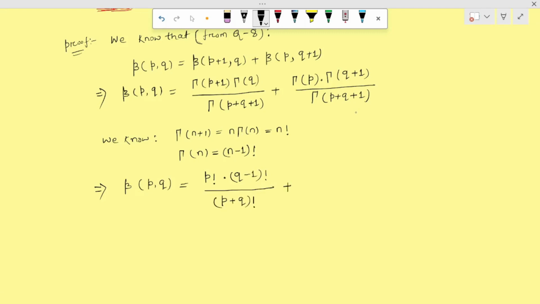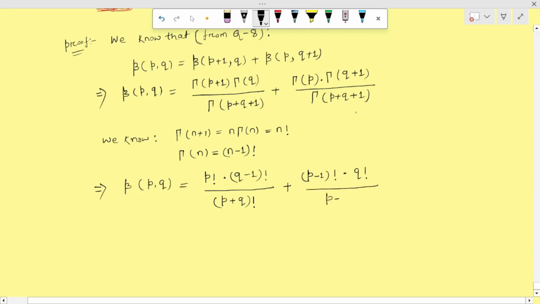Likewise the second term we are going to modify: gamma(p) will be (p-1) factorial, gamma(q+1) will be q factorial, gamma(p+q+1) will be written as (p+q) factorial.